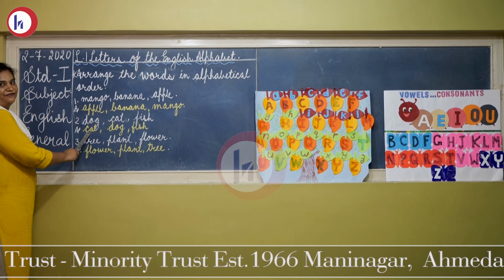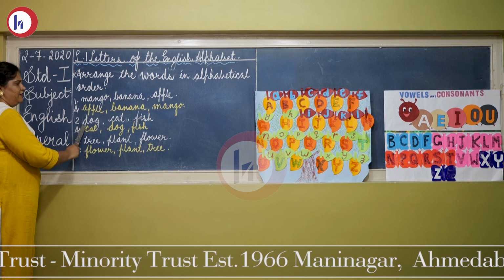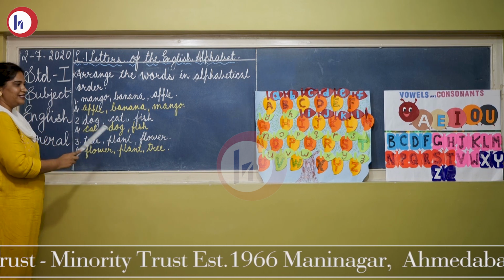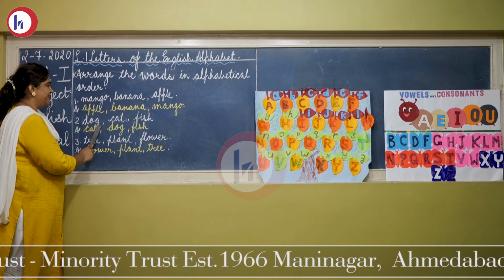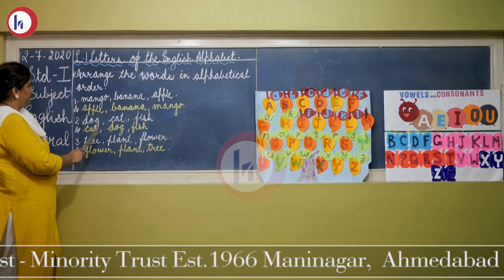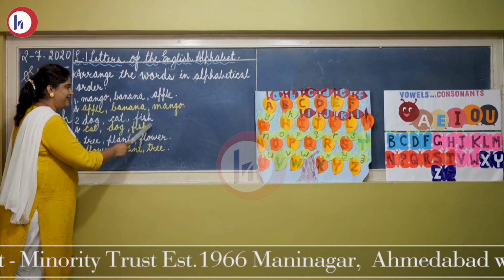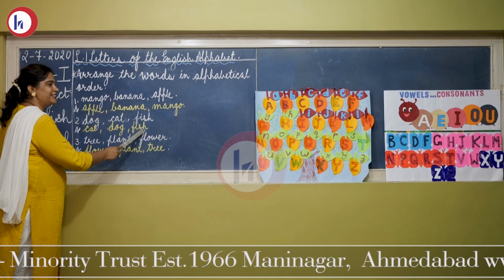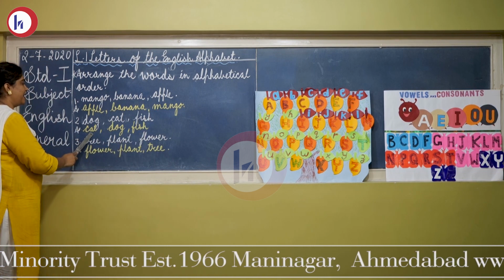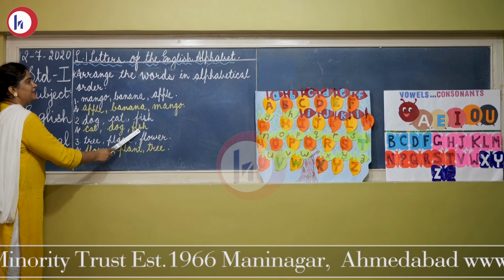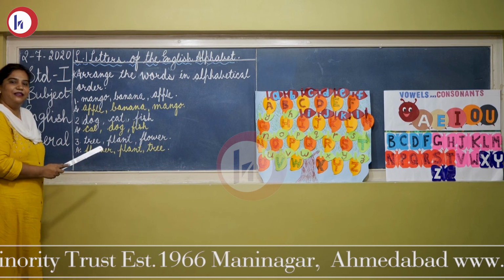C-A-T, cat. Very good. Now, after that, D. Oh yes, we have that. D-O-G, dog. E? No. F? Yes, we have. So, it will be F-I-S-H, fish. So, this is cat, dog and fish. These words are in alphabetical order.